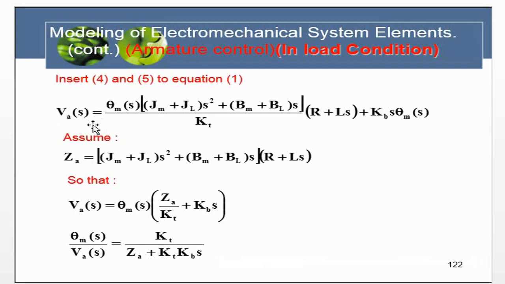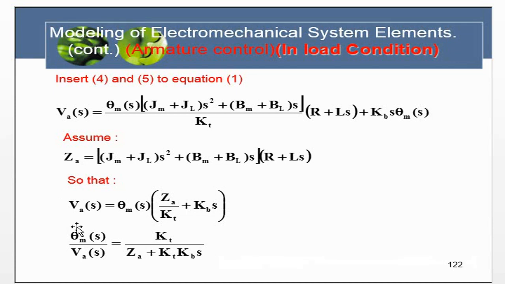We got this, and then we assume that Za is equal to (Jm plus JL) s squared plus (Bm plus BL) s, multiplied by R plus Ls, if we assume like that.